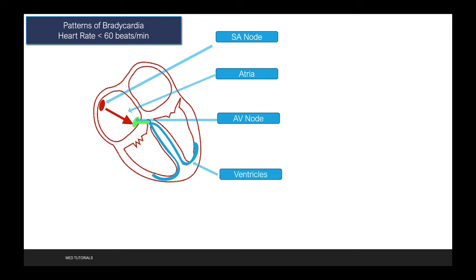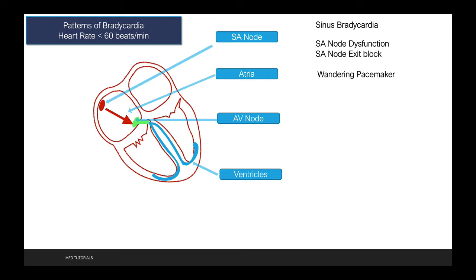So the pattern, again, depends on the site of the conduction system. For example, if you have a problem with the SA node, you could have sinus bradycardia, or it could be a sinus node dysfunction or a sinus node exit block. We'll be doing this in a little more detail in the coming slides.